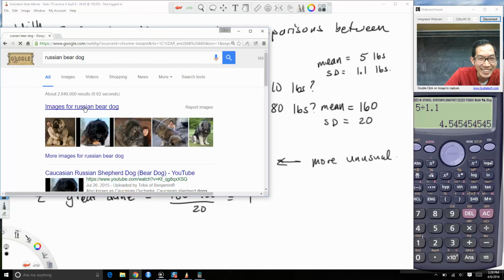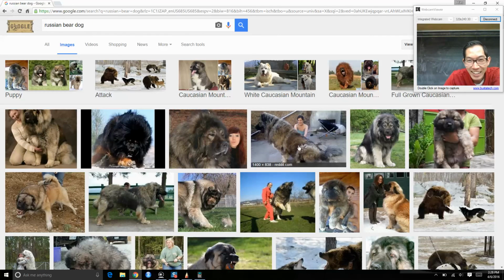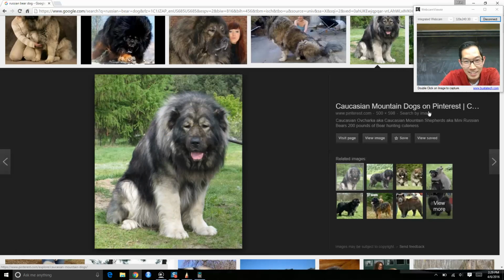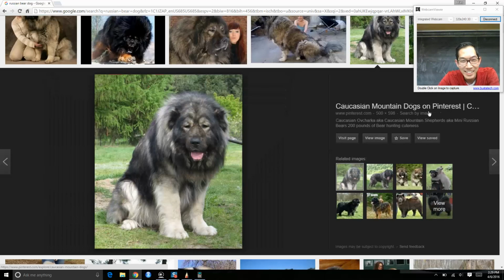What is this thing? Okay, what? It says AKA the Russian bear dog. This belongs in a zoo. Oh, he's so cute.